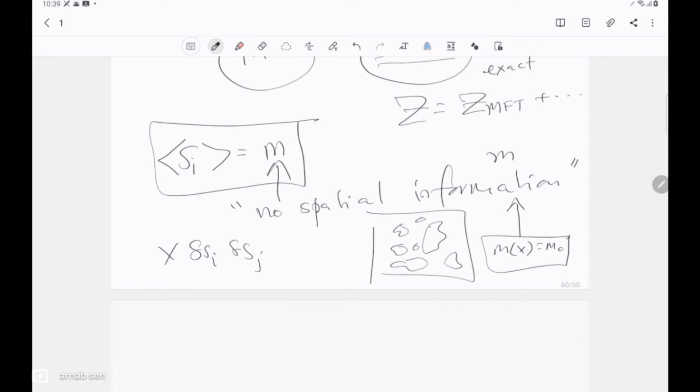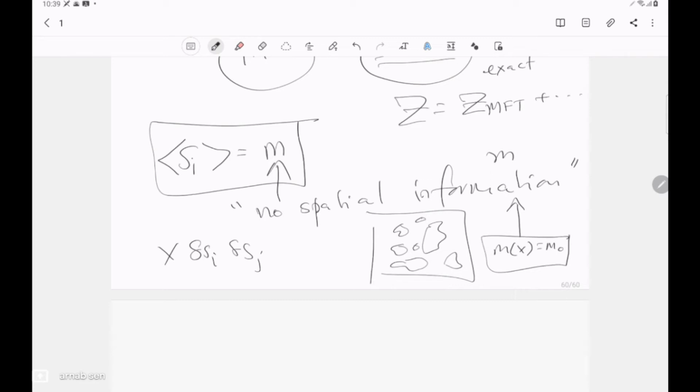Again, this concept will become very important in your subsequent treatments, both in field theory and in advanced statistical mechanics and condensed matter.